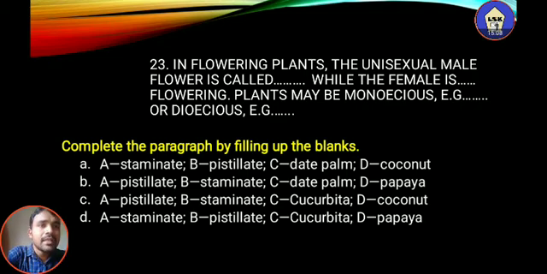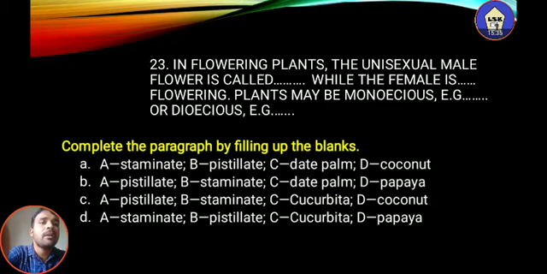In flowering plants, the unisexual male flower is called staminate. So the answer should be either A or D. While the female flower is pistillate. Again, in both the options it is given as pistillate. So we should remember the examples for monoecious and dioecious.